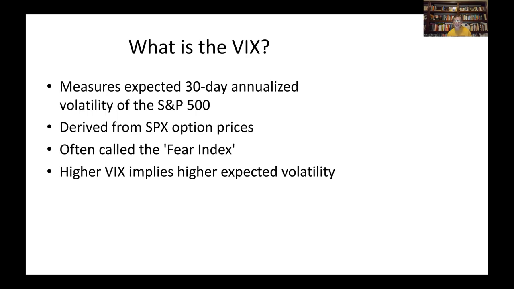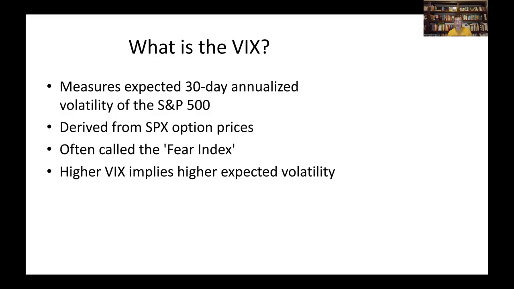But again, the key is that it's really looking at the expected volatility, and we're getting that volatility by measuring the S&P 500 options, both the call options as well as the put options around the value of the S&P 500.